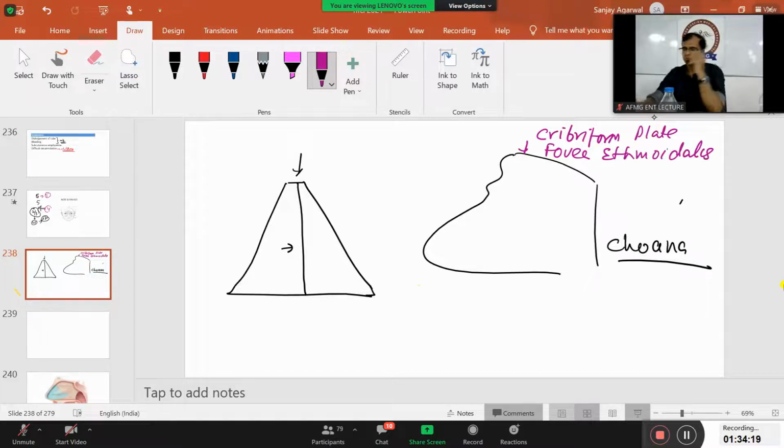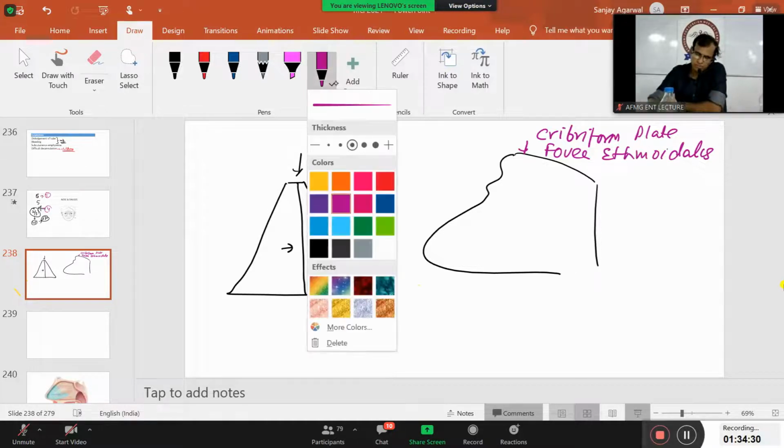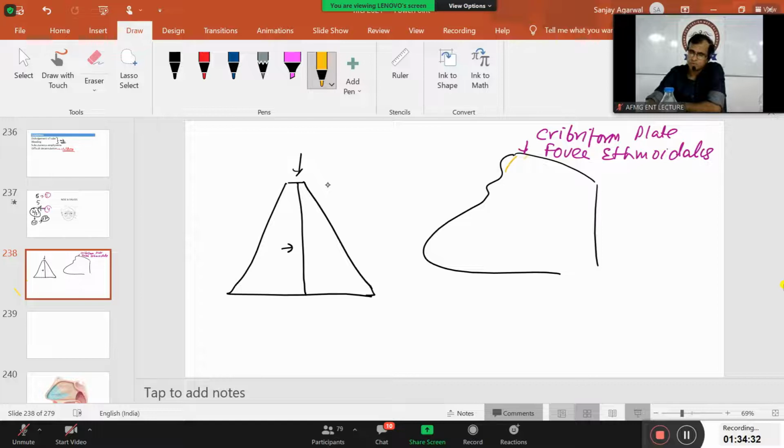These are the 2 bones on the roof of the nose, cribriform plate and fovea ethmoidalis. And what kind of epithelium lines the roof of the nose? The epithelial lining, the tissue lining. Tell me. Olfactory epithelium.